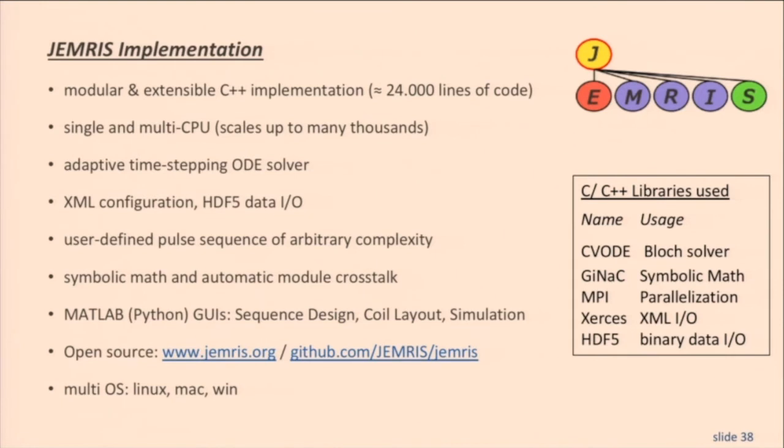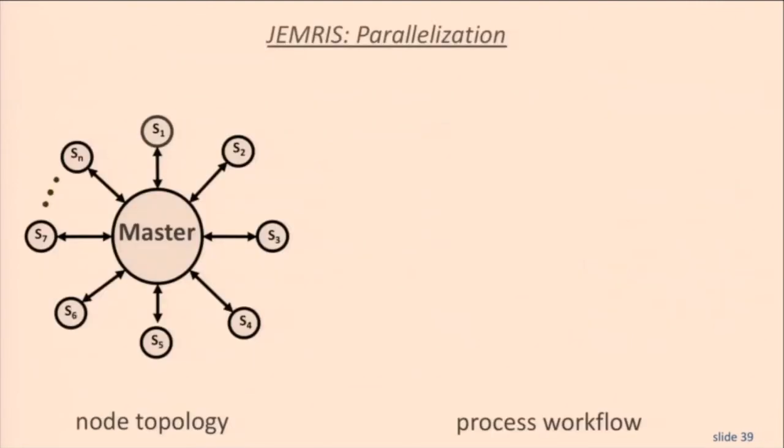And then there are MATLAB graphical user interfaces available. We're currently working on making them available in Python as well, which is a bit of tedious work, but hopefully we have a stable version soon. It's all open source, it's on GitHub, and there's also a Google group for discussing issues.